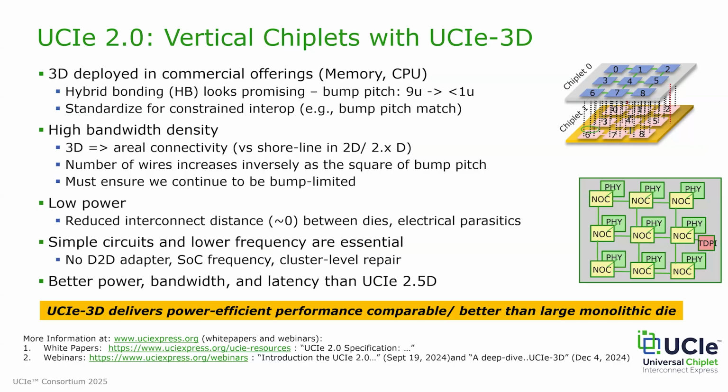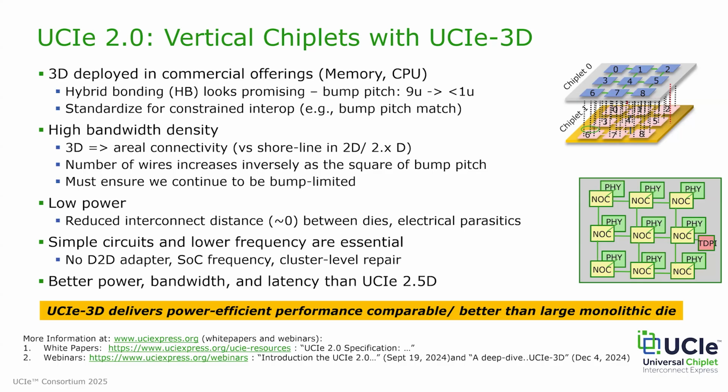One of the key trends for that 3D technology is something like hybrid bonding. And these basically rely on very aggressive shrinking of the bump pitches between the chiplets. You're looking at bump pitch starting at 9 micron, going down to submicron. With hybrid bonding, you reduce the interconnect distance between the chiplets to practically 0.